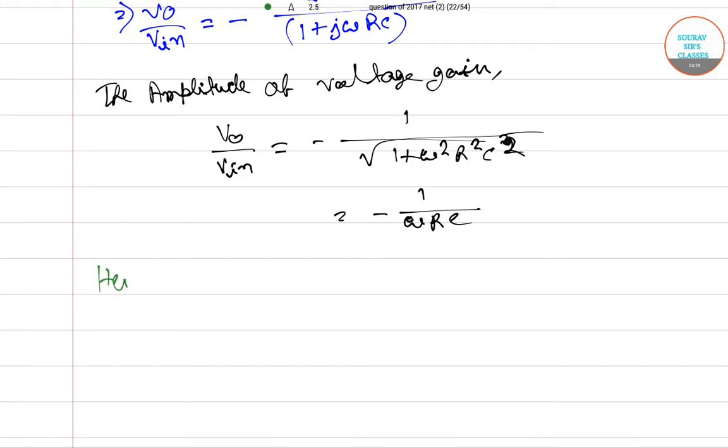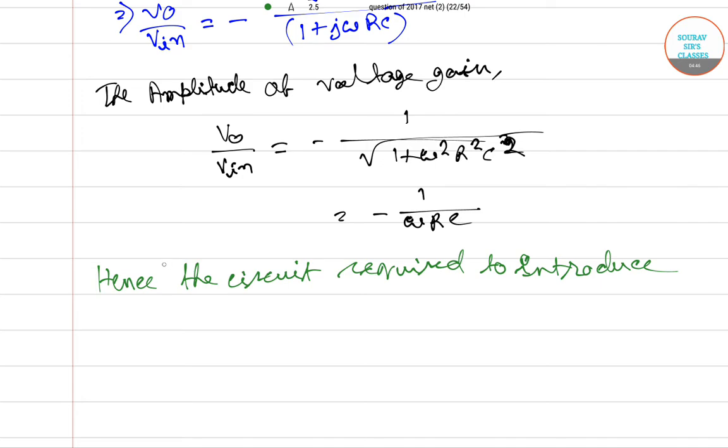So hence the circuit required to introduce a DC feedback is a resistor parallel to C, as this amplitude V0 by V input is equal to this.